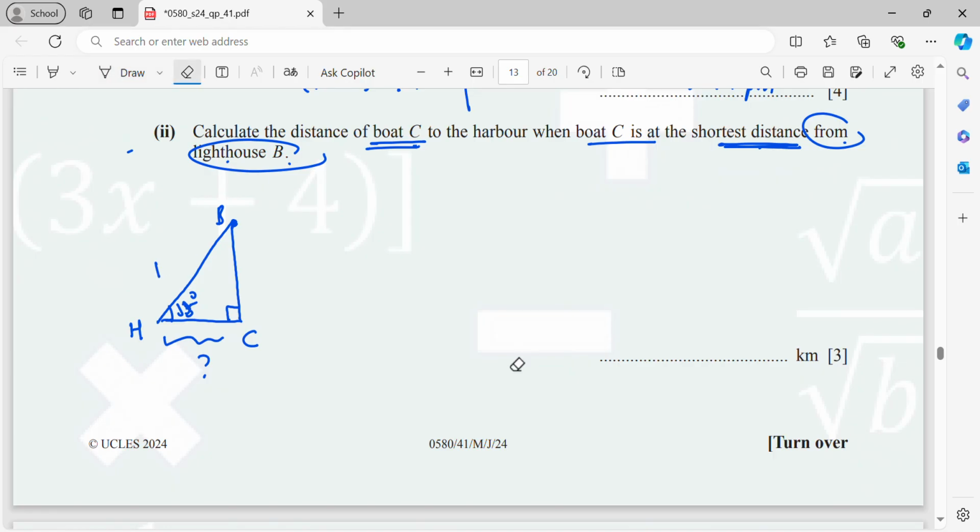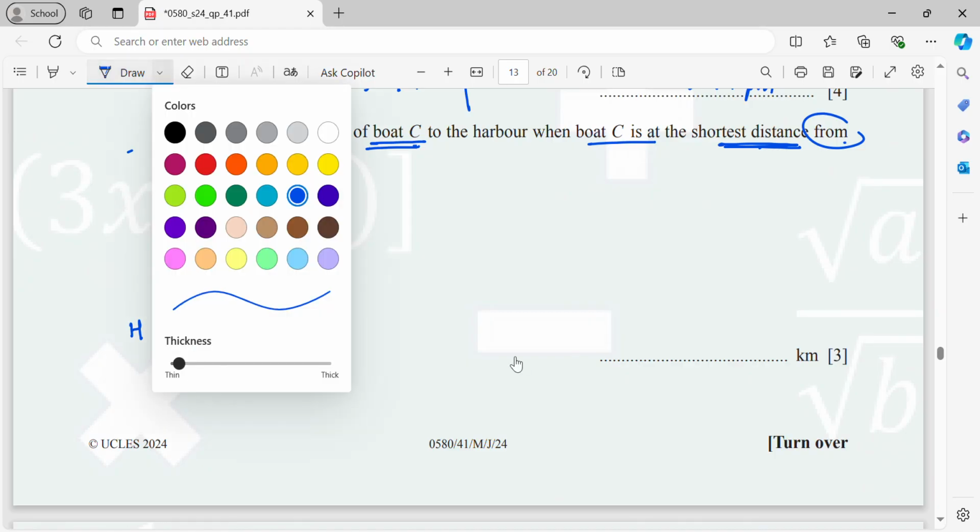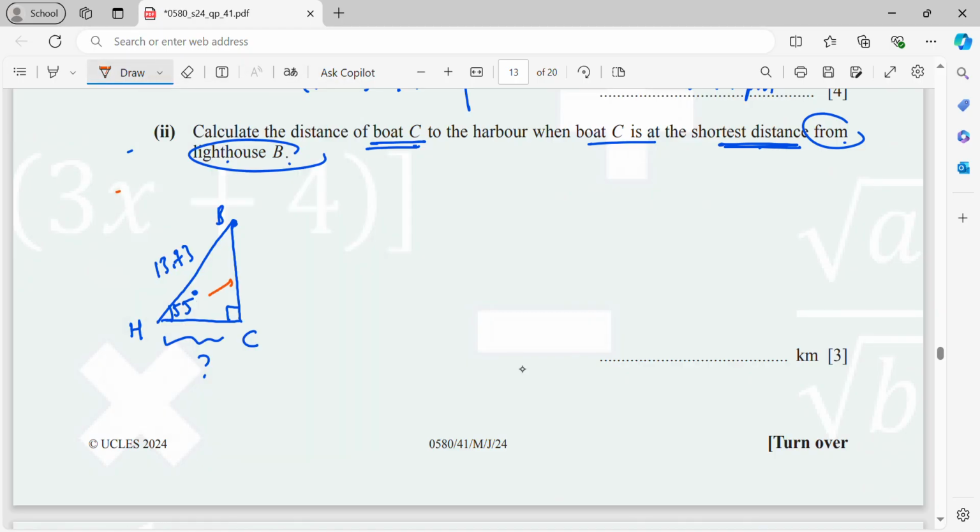Now, to get HC based on this right-angled triangle, the opposite side of the 55 degrees is BC, HC is the adjacent side, and BH is the hypotenuse, right? So we need to find HC, which is the adjacent side, and you are given the hypotenuse.